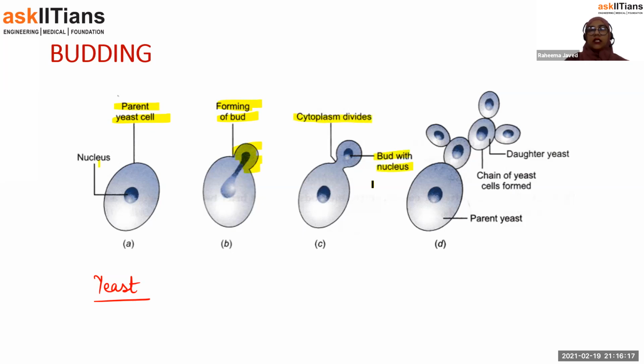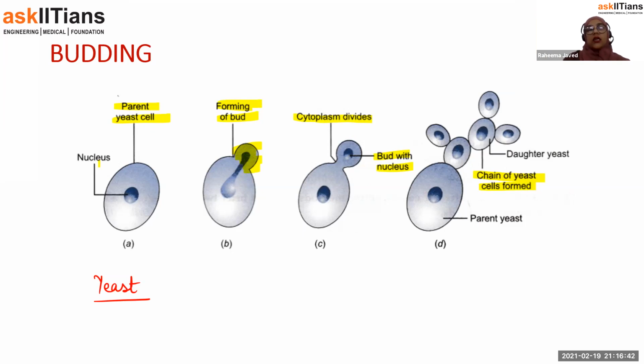The bud is with a nucleus. Okay, and then it has separated as a separate cell. Okay, and more yeast cells are formed when there is a chain of buds that forms over the cell that first budded off. Okay, this is how the yeast cell grows.